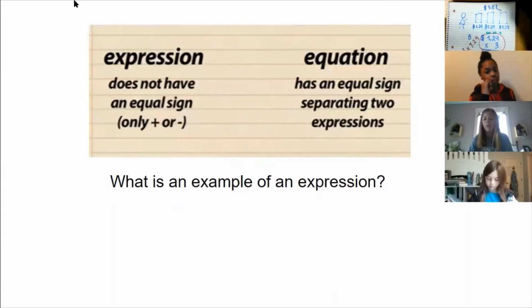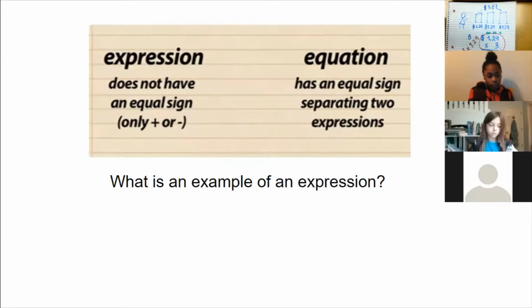And I wanted to go over the difference between an expression and an equation. An expression does not have an equal sign. It's only a plus, minus, multiplication or division sign. An equation has an equal sign separating two expressions, and you haven't gotten here yet.